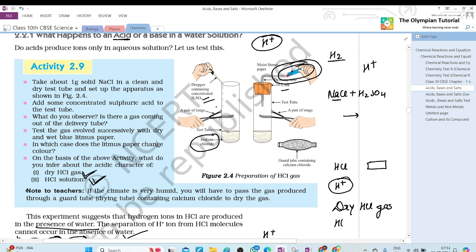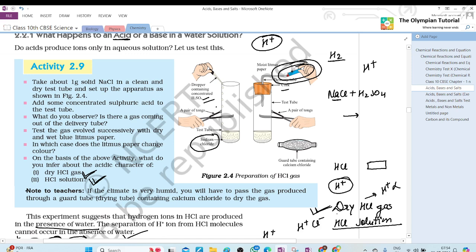Suppose I am taking two things, dry HCl gas and HCl solution. The dry gas will not act as an acid, because here we are not getting H plus ion, it is dry. In case of HCl solution, we will get H plus ion and Cl minus ion.